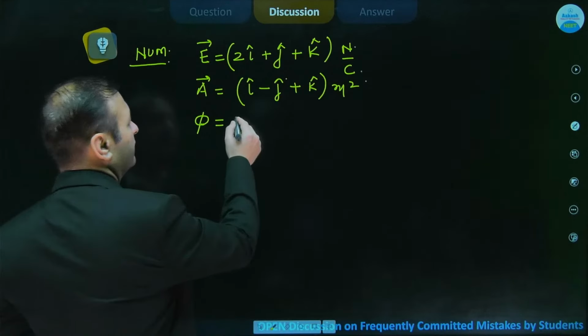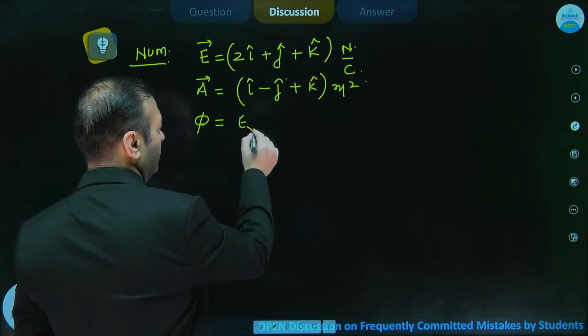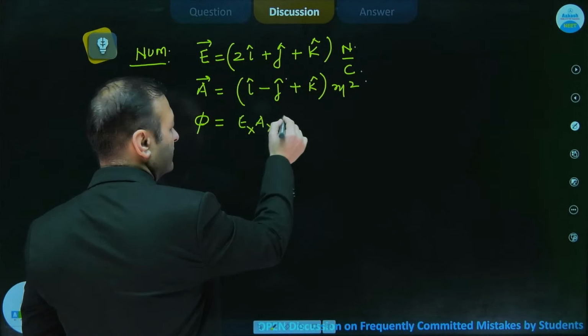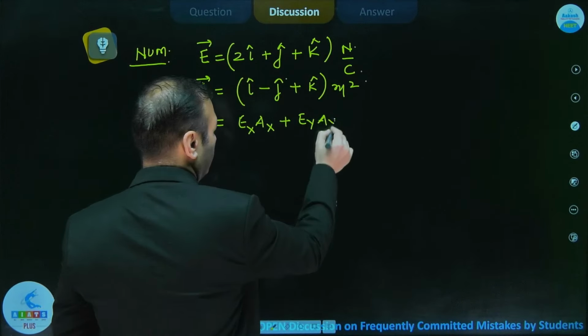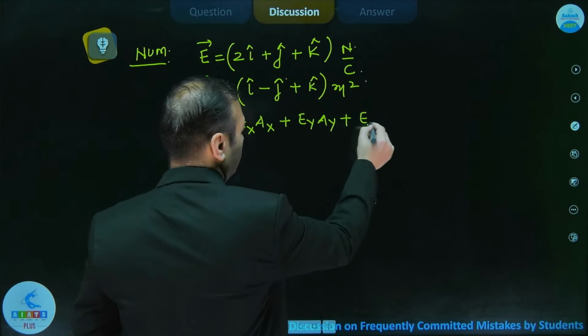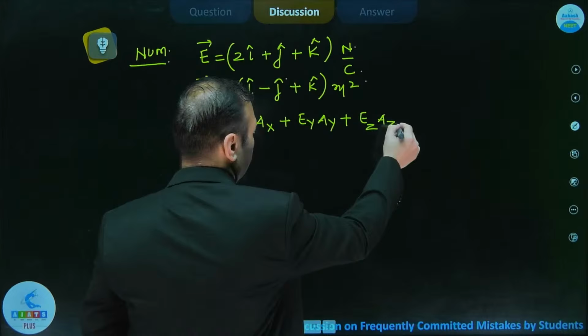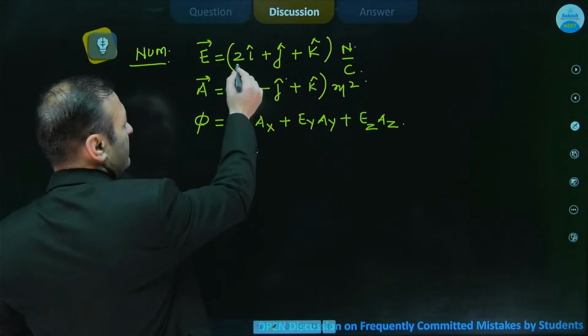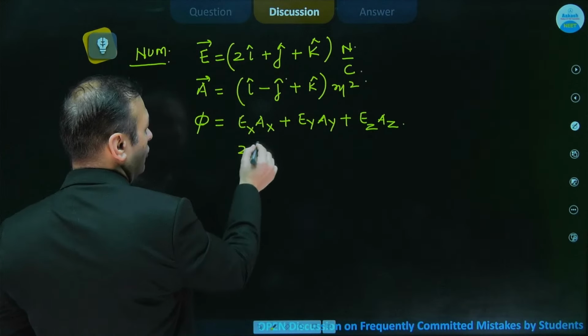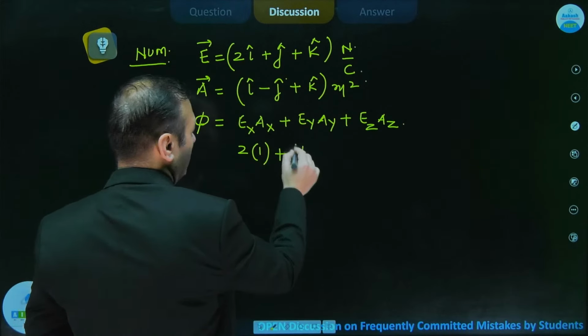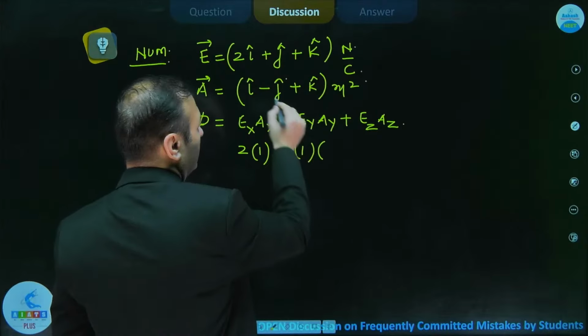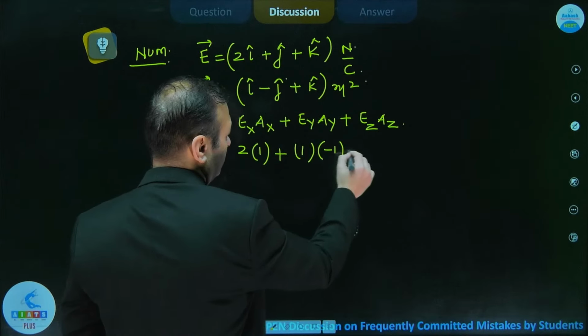So again, going by the same fashion, we'll simply keep it as EX AX plus EY AY plus EZ AZ. So what is EX? EX is 2. What is AX? AX is 1. What is EY? EY is 1. What is AY? AY is minus 1.